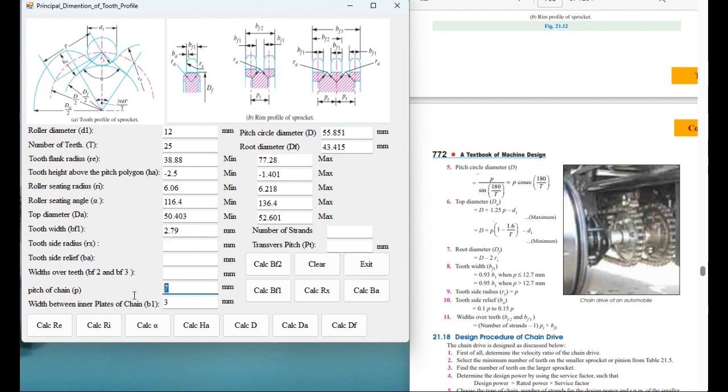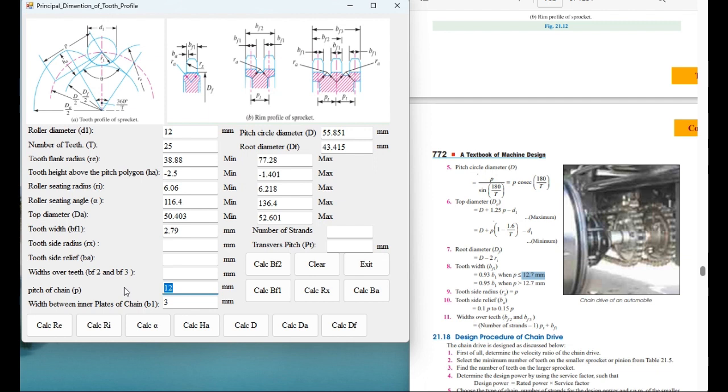For example, I would like to enter 12, then BF1 remains similar because BF1 is calculated on the basis of this range. If P is less than or equal to 12.7, the value is constant.